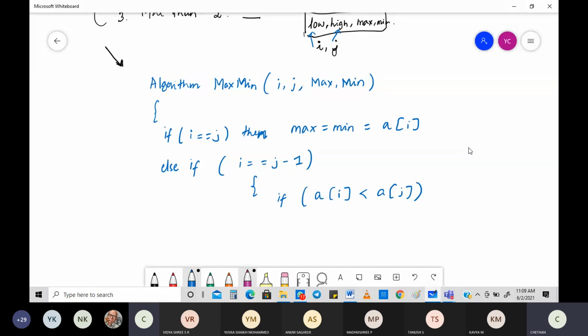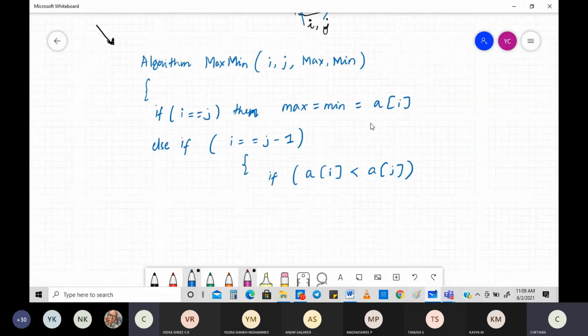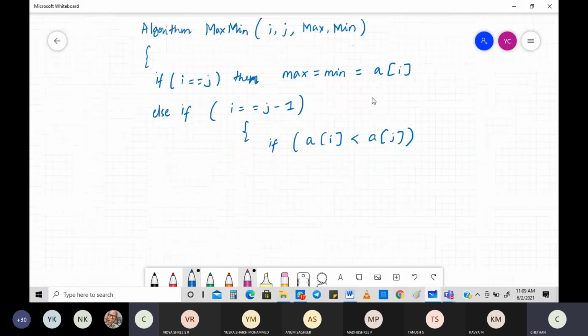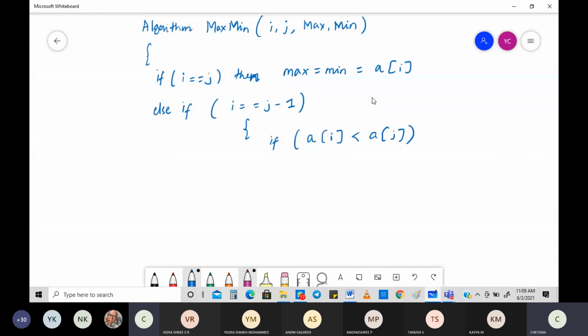I'm going to represent the maximum element as a of j, since a of j is greater than a of I. The minimum element will obviously become a of I. So this condition is done, but this condition may sometimes become false.